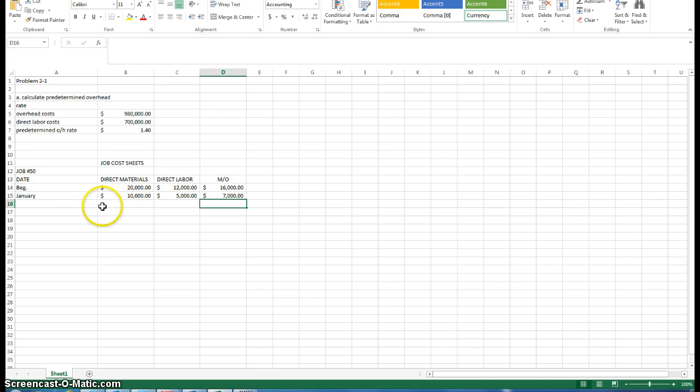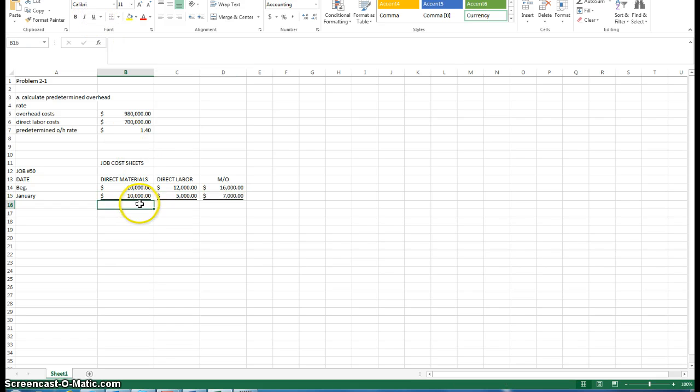So we know the direct materials for the period are 30,000. Our direct labor costs are 17,000, and our manufacturing overhead is 23,000.